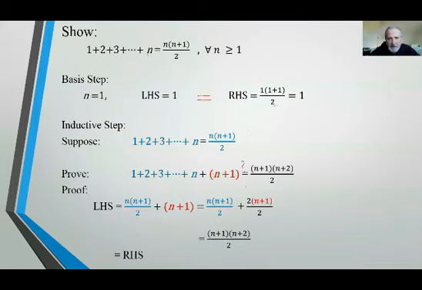It has a left-hand side and a right-hand side. So I'm going to take the left-hand side and prove it to be equal to the right-hand side. Now you see what happened. This here is the same as this, is the same as this rectangle.